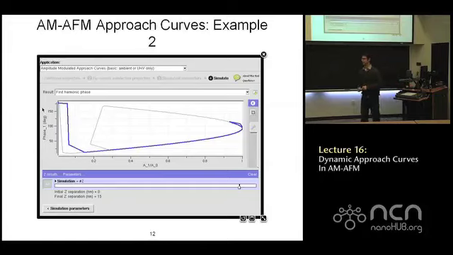When we're in the attractive regime on approach, the phase lag will increase above 90. When we start tapping on the sample in the repulsive regime, the phase will be below 90. So that can be your test to experimentally determine which regime of oscillation you're in, since we don't measure the interaction forces directly.